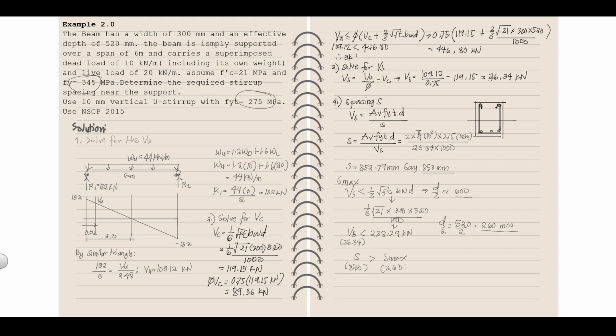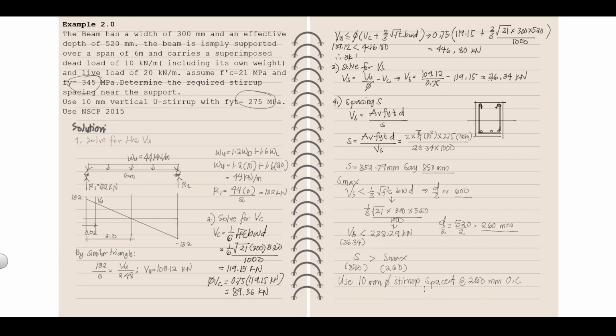So obviously, we cannot use the 850. So we will use the 260. So the answer for the example number 2 is we're going to use a 10 mm diameter stirrup, spaced at 260 mm on center.